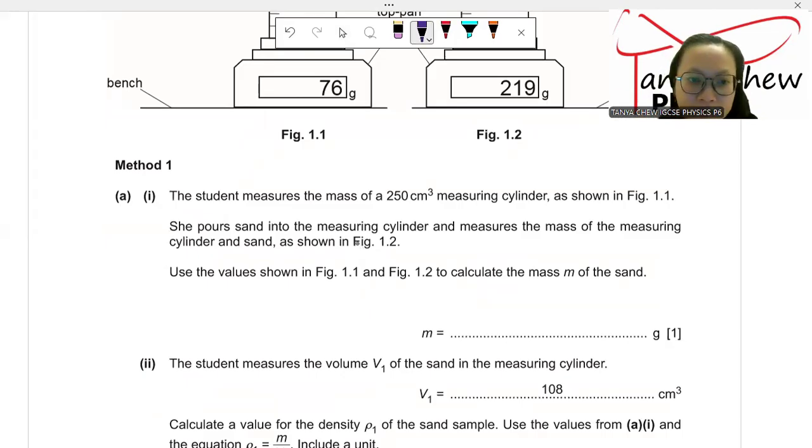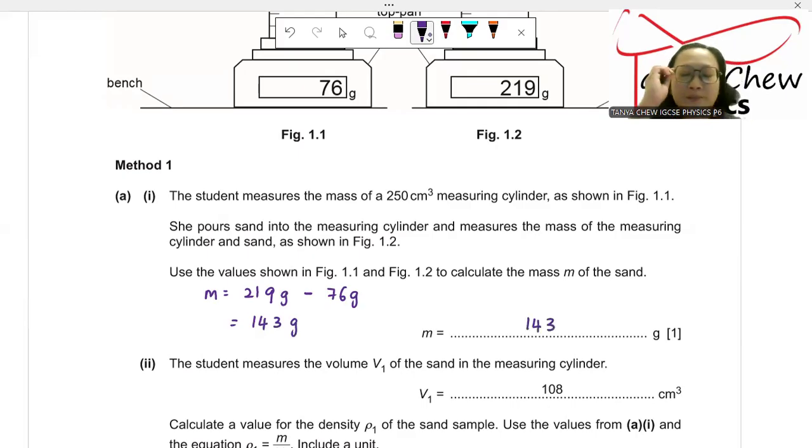So if you want the mass of the sand alone, you have to deduct the mass of the measuring cylinder. So 219 gram is the mass of the measuring cylinder plus the mass of the sand, minus the mass of the measuring cylinder alone. Then you get the mass of the sand, which is 143 gram.